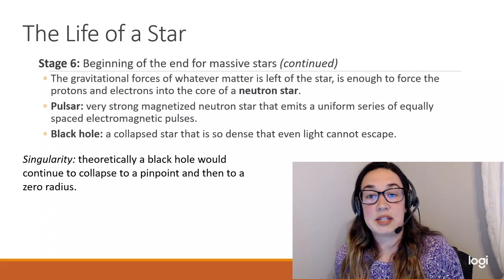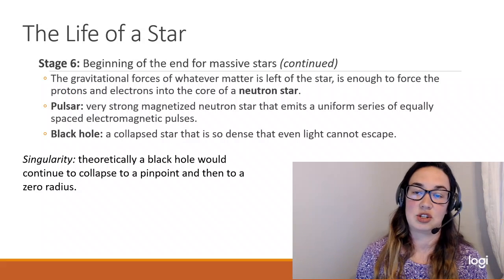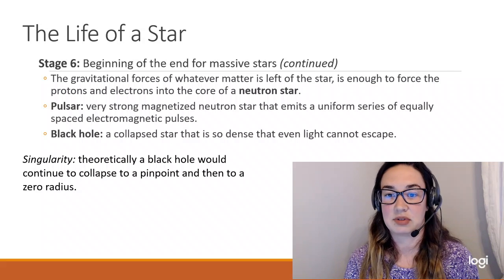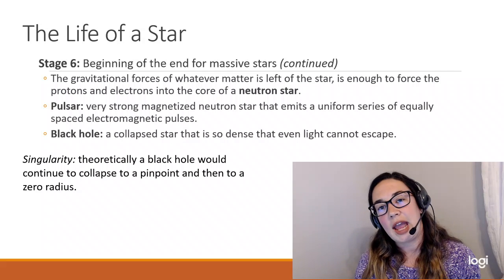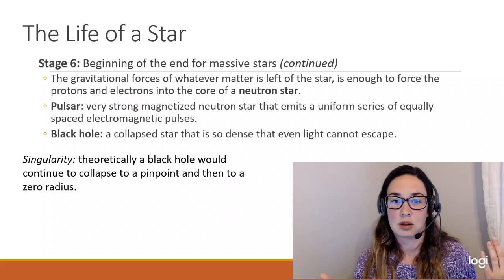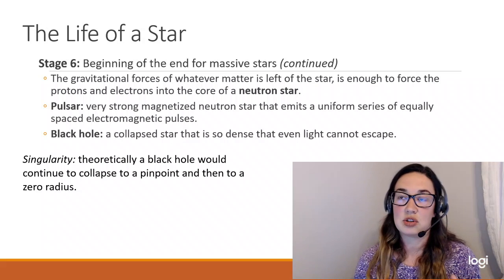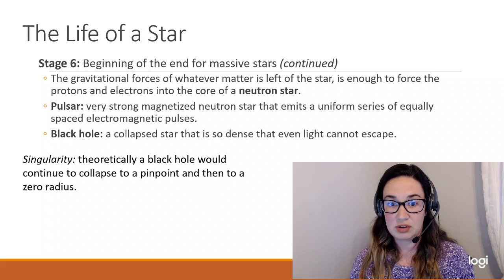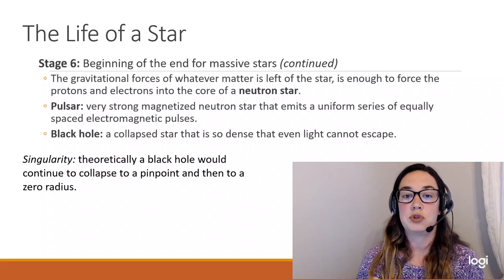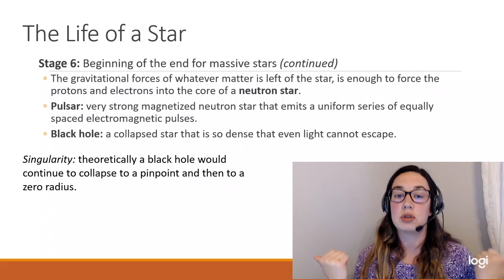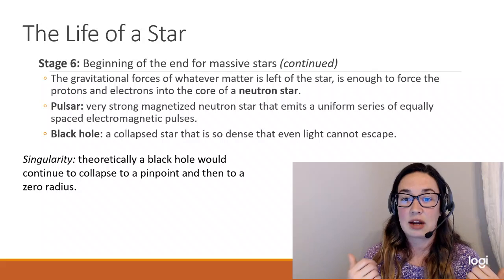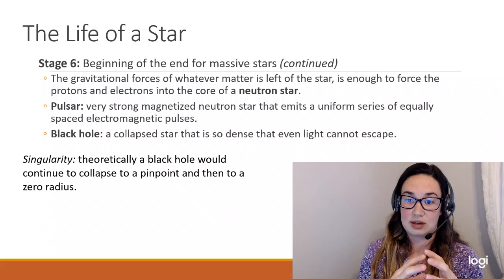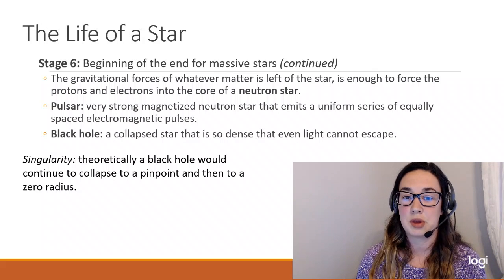So continuing on with stage 6 for the more massive stars. At the very end, after the supernova has occurred, the gravitational forces of whatever matter is left of the star are enough to essentially force the protons and the electrons into the core of a neutron star. So that's when we end up with a neutron star.